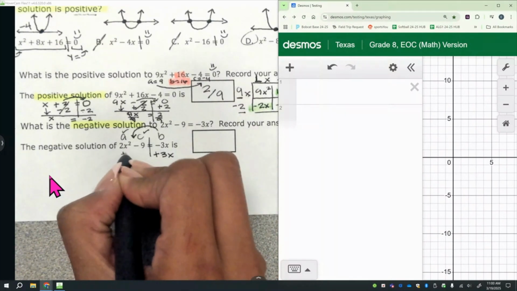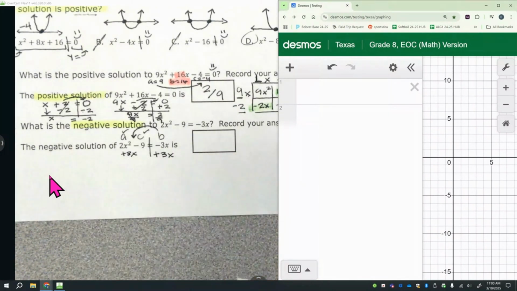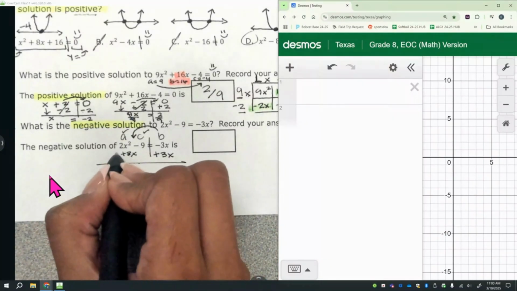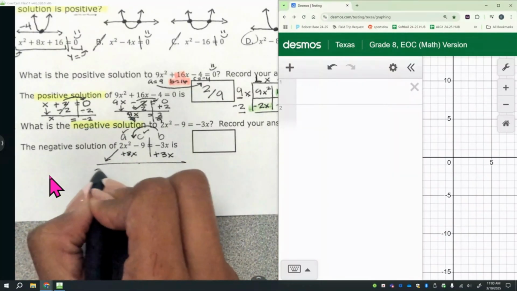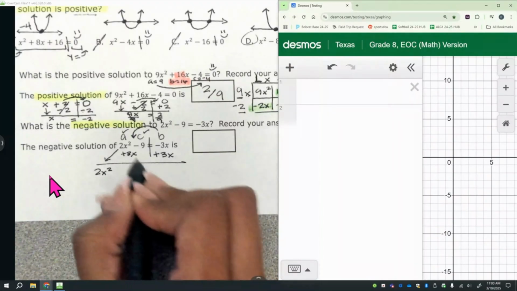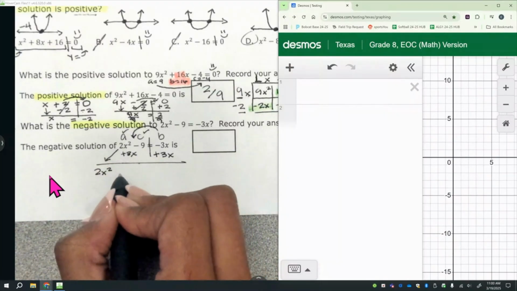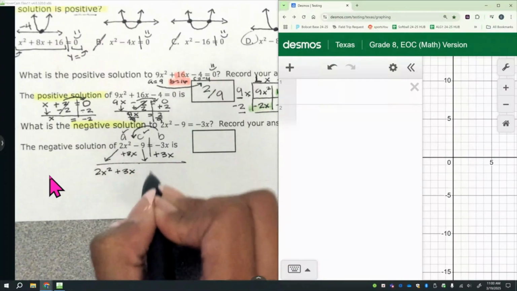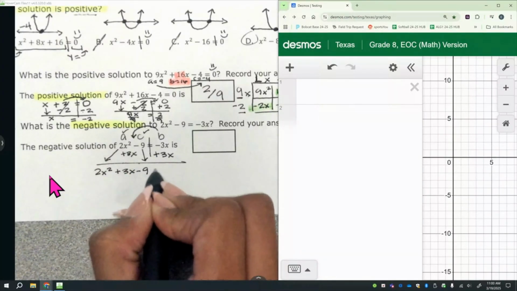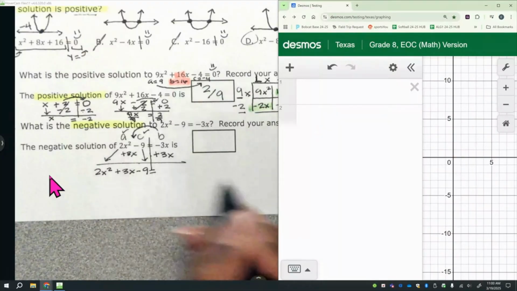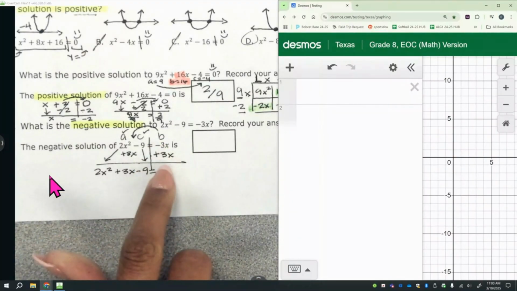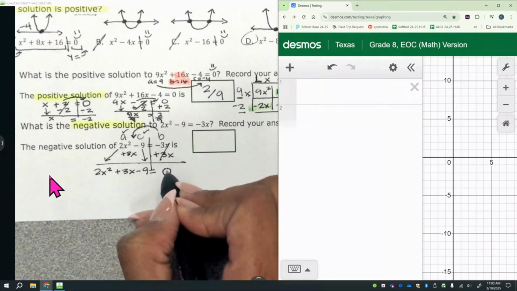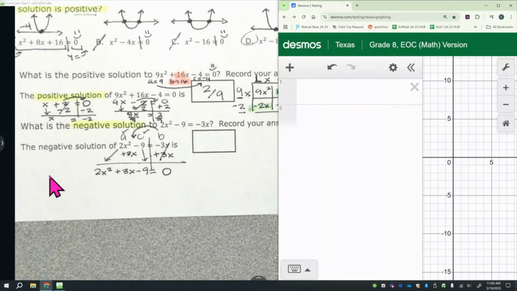And we're going to squeeze it right here in the middle, positive 3x. Let's draw our line and rewrite it. A is going to stay the same, so 2x squared. Now we're going to squeeze in B, which is a positive 3x. And C is going to stay the same, negative 9. My equal sign goes here. My negative 3x and positive 3x cancel out to equal 0. So now it's in standard form.